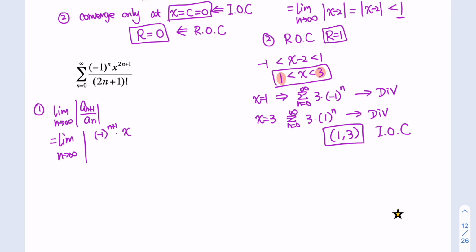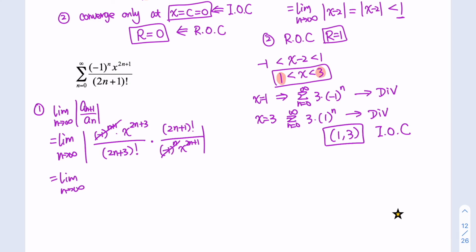So this will be x to the 2n plus 3 divided by (2n plus 3) factorial, divided by, we flip it, (2n plus 1) factorial over x to the 2n plus 1. This is cancelled because we have absolute value. So we have x squared over (2n plus 3) times (2n plus 2).